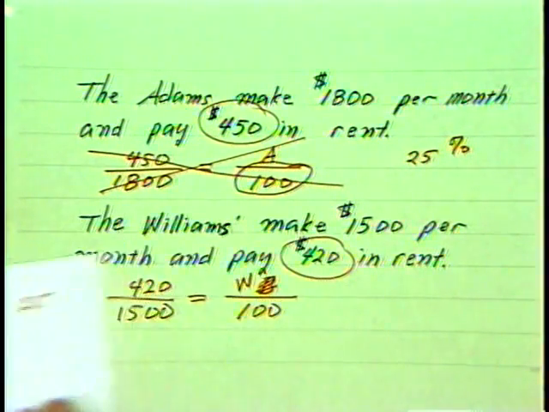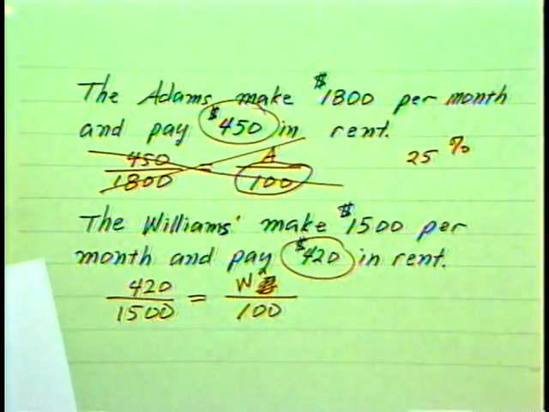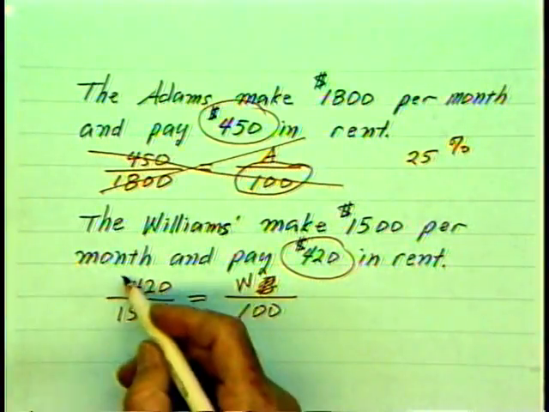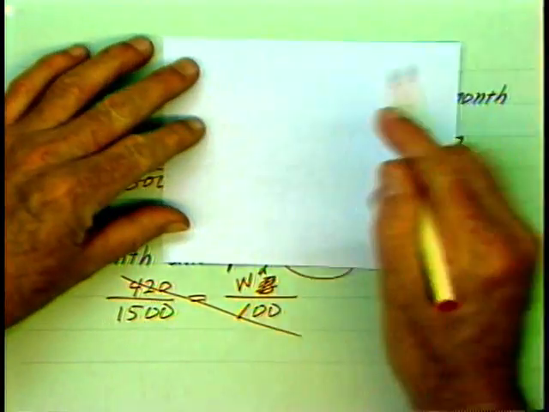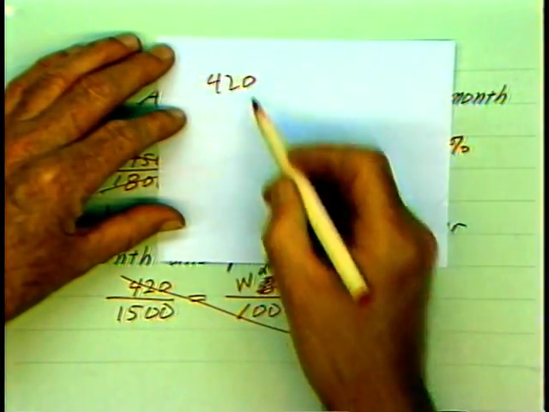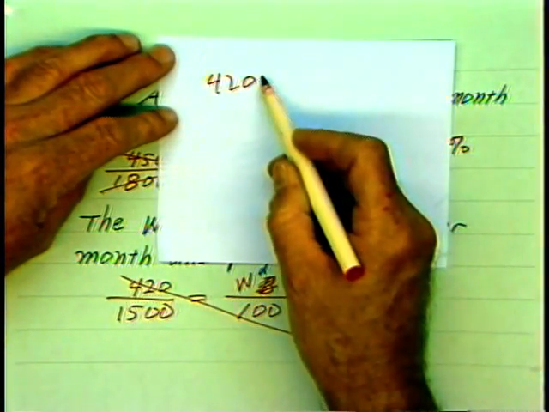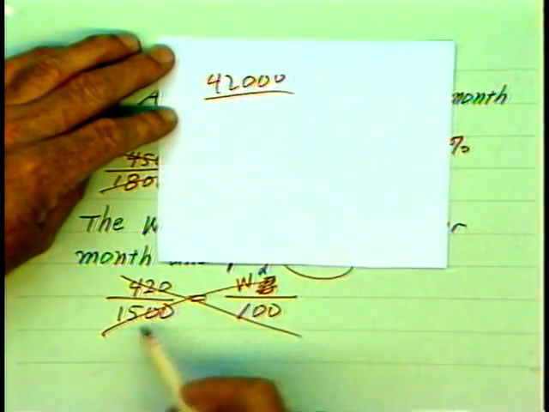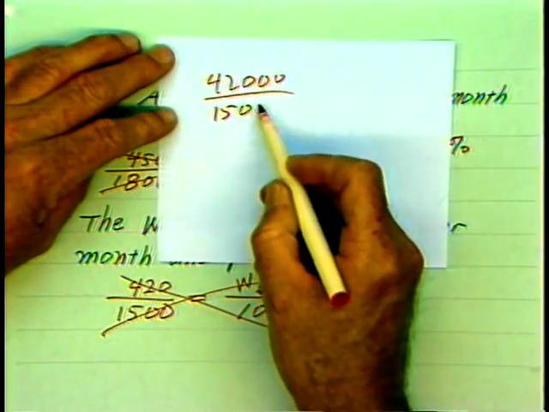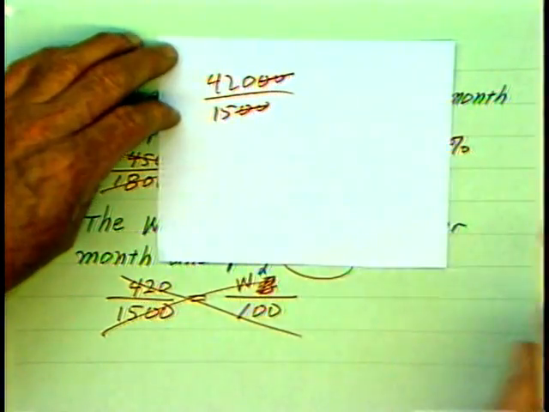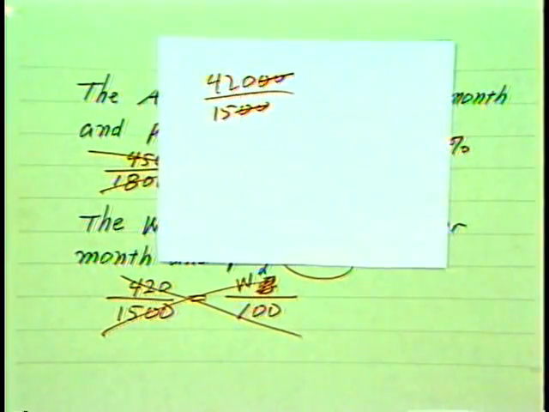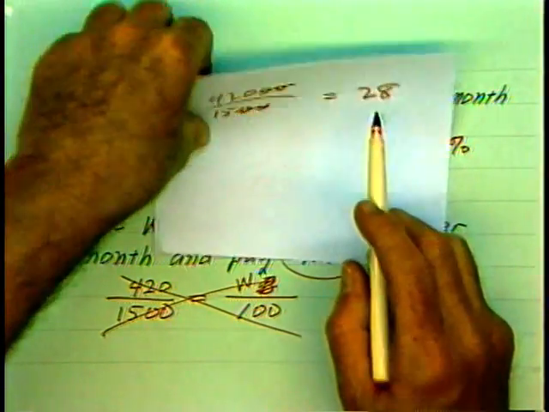Now let's do the same thing for the Williams. Again, we'll multiply those two, which is 420 times 100, divide by 1,500. So 420 divided by 15 is 28.